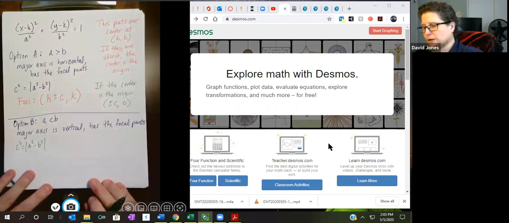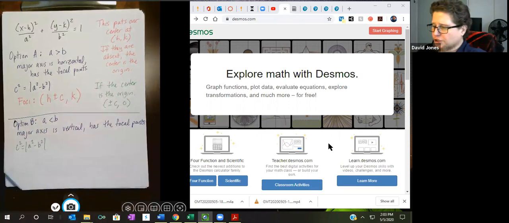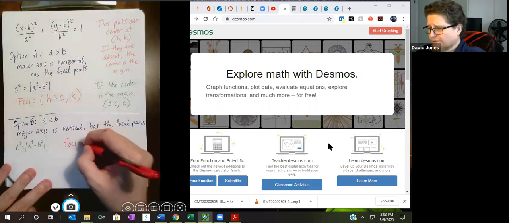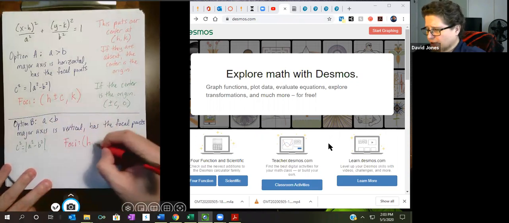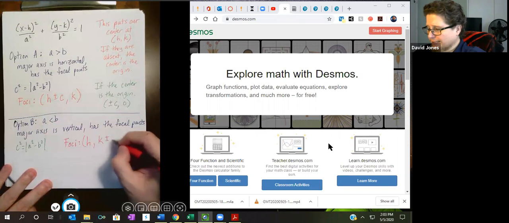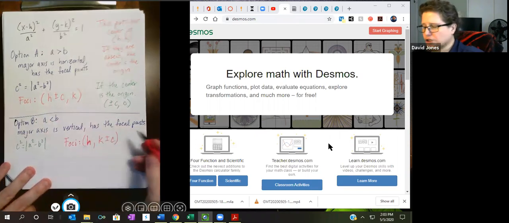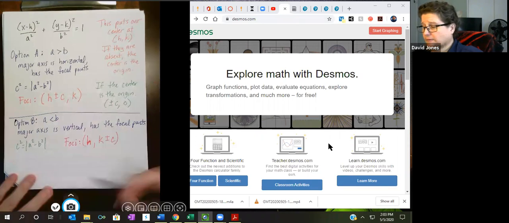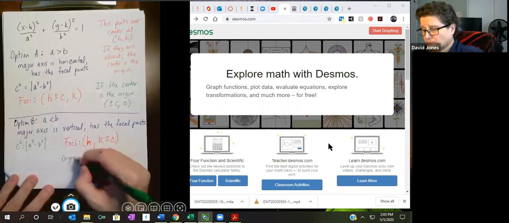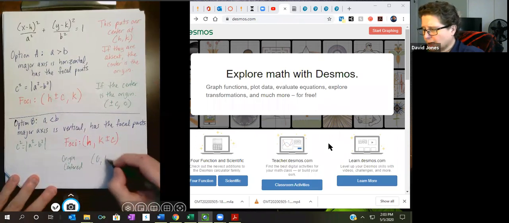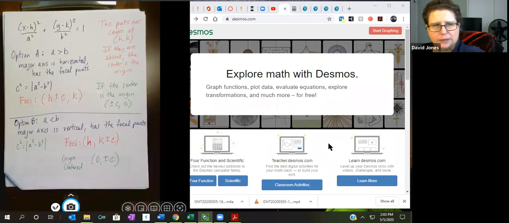Obviously, we need to take the square root. The foci shift to being added to the k. Foci switch over to being h, k plus or minus c. We'll explore this at the origin, and then we'll dive into the full version. But I thought showing you the full version is a good way to start because it doesn't change much. Just adding that center doesn't really do a lot.